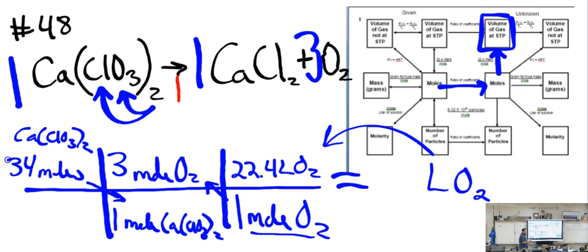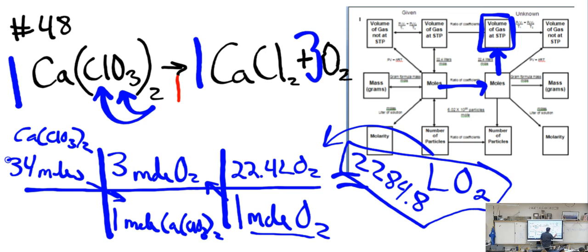It's going to be a big number, right? Yeah. I don't know. What is it? 2284. How many of you had it right? Raise your hands. Did you get the right answer?